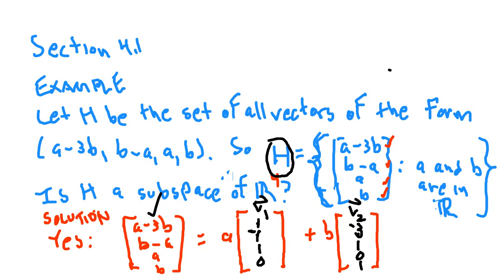Well, how does this show that space H is a subspace? What do we know about H? If any vector in this space H can be written as a linear combination of vectors v1 and v2, H would be the what of v1 and v2?